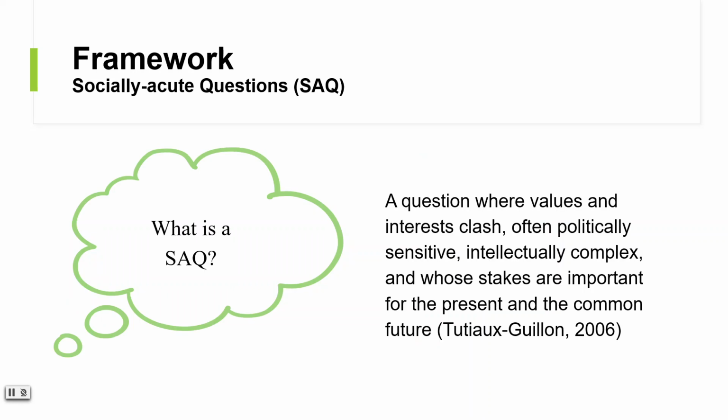A definition of socially acute question may be said like this: a question where values and interests clash, often politically sensitive, intellectually complex, and whose stakes are important for the present and the common future.